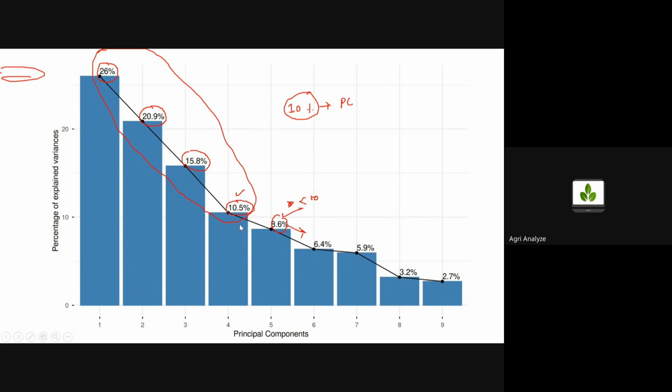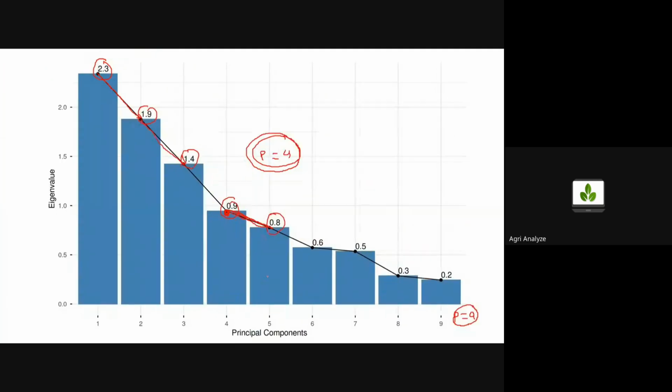If you take only three components in your data analysis, then it is also true, but here you forget 10.5% of variation, which is significantly higher for PCA. So that's why in some data we have to break some type of rule.